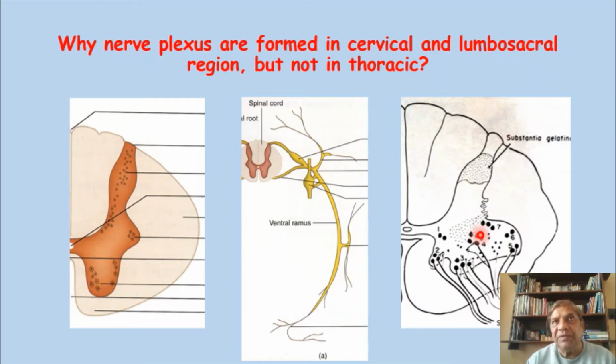That means the medial group of motor neurons supplies the axial musculature on both ventral and dorsal aspects, that is flexor and extensor. Similarly, the flexors and extensors of the shoulder or hip region are supplied.